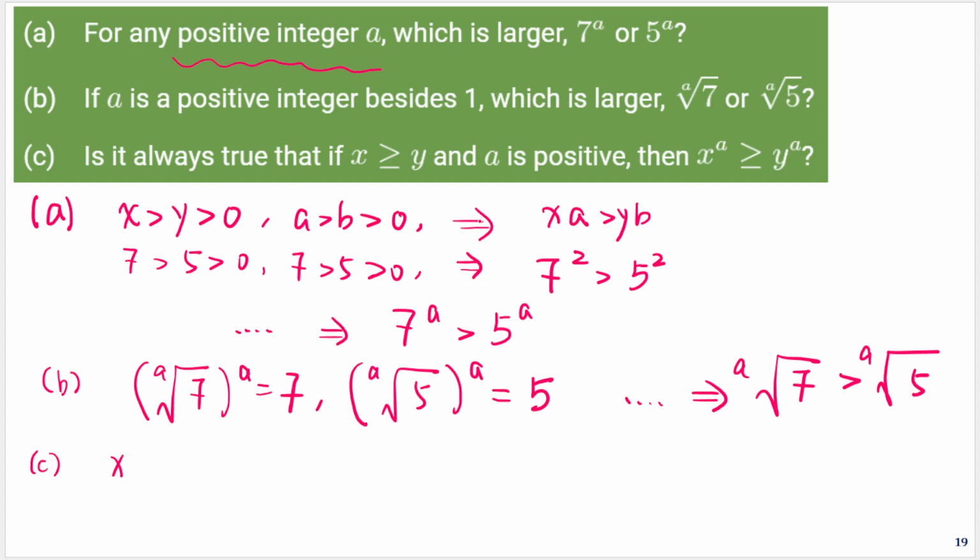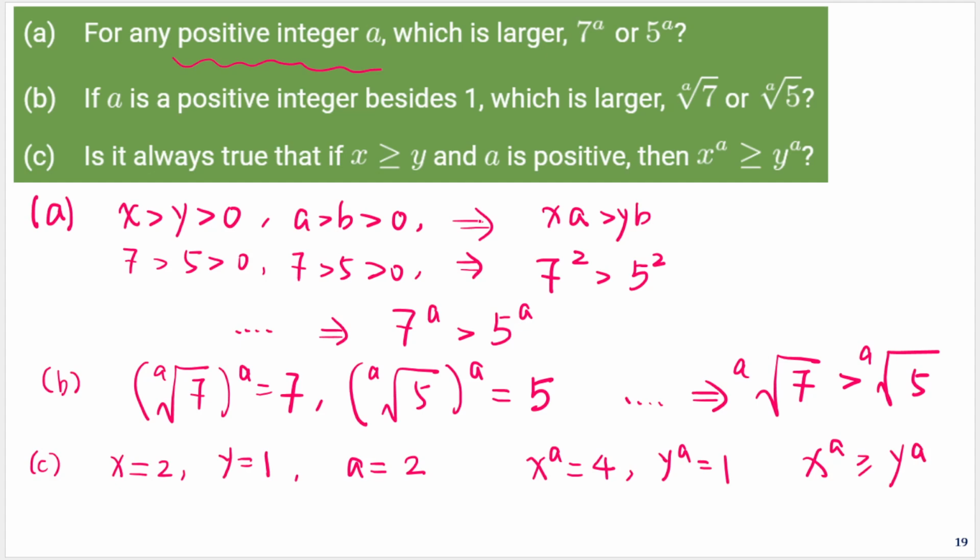For example, we could let x equals 2, y equals 1, and let a be a positive number, for example, a equals 2. In that case, we will have x to the power of a is 4, y to the power of a is 1. Of course, we have x to the power of a is greater than or equal to y to the power of a, right?